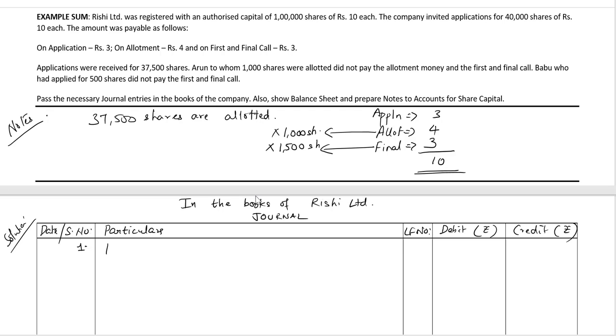The first journal entry for the receipt of application money of rupees 3 per share on 37,500 shares. Bank account debit to share application account for the application money received.